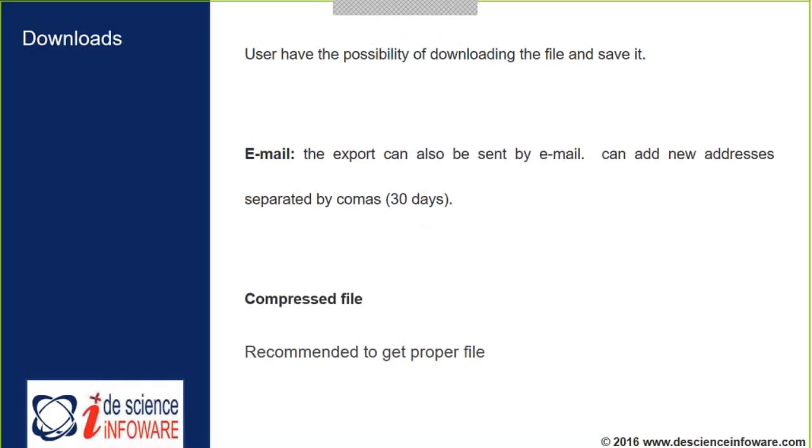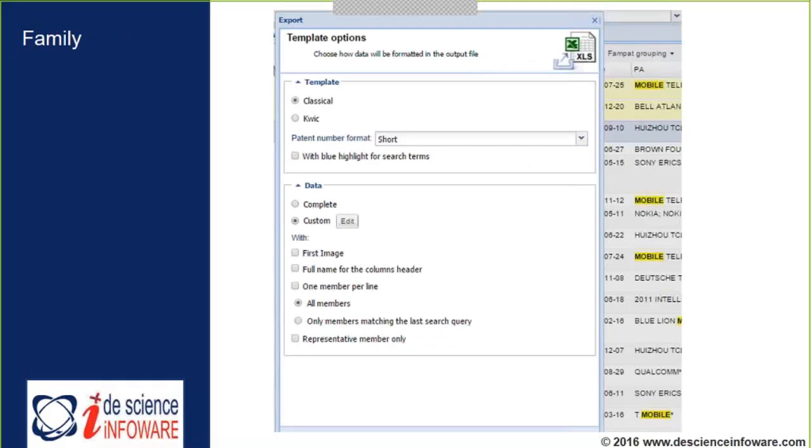You can also download it to your computer itself, which you can do by two means: an uncompressed file and a compressed file. The recommended option is to use the compressed file. It reduces the size of the export itself, and it will be a complete file once it is downloaded from the interface itself.